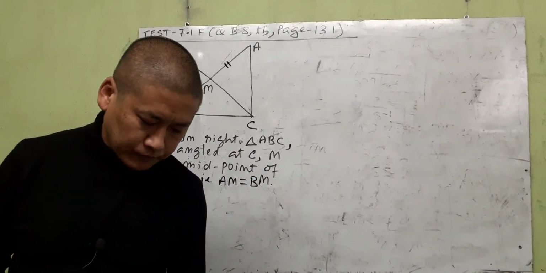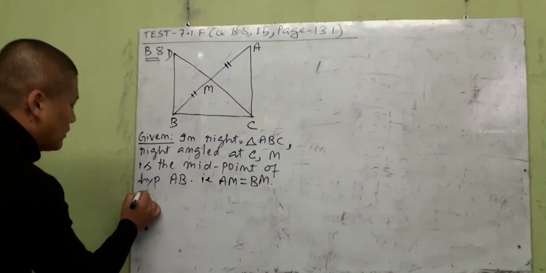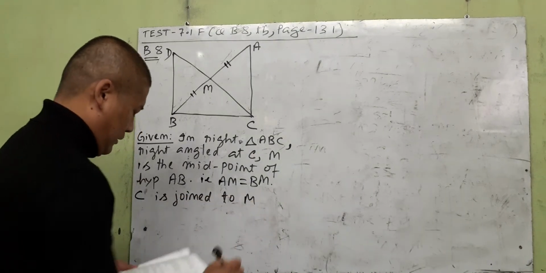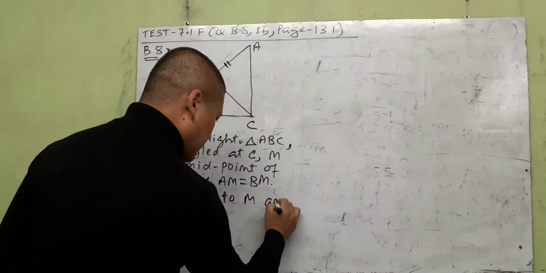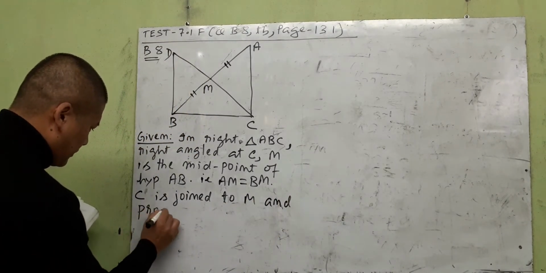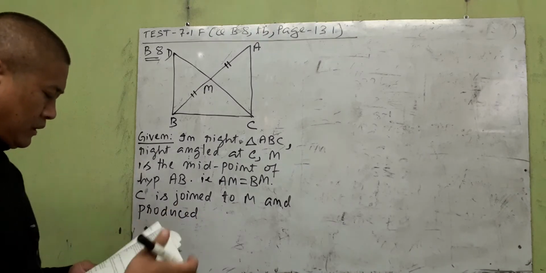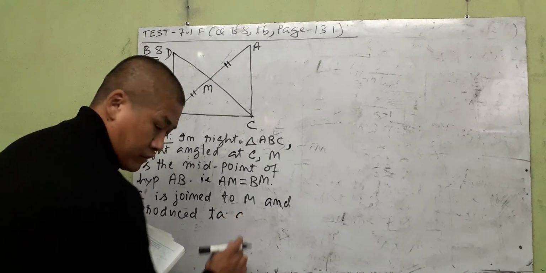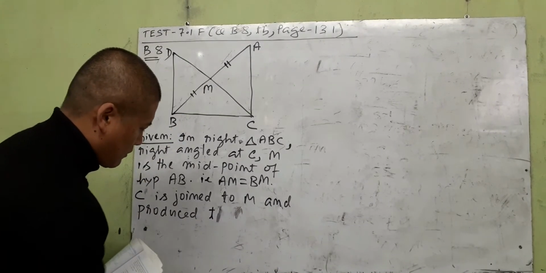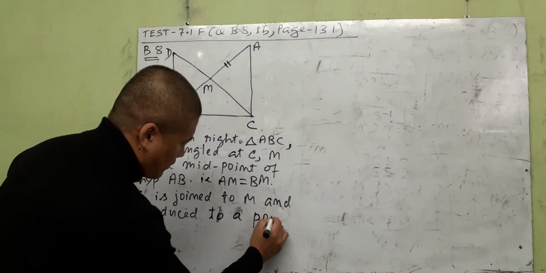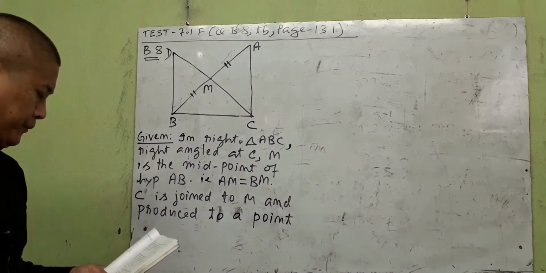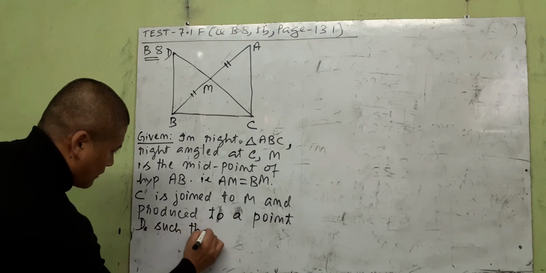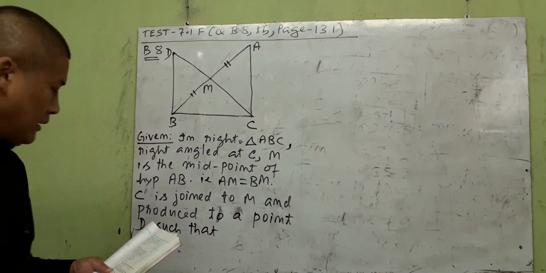Then C is joined to M. Continuing, C is joined to M and produced. Okay, produced means made longer on the same straight line. Produced to a point D such that DM equal to CM.